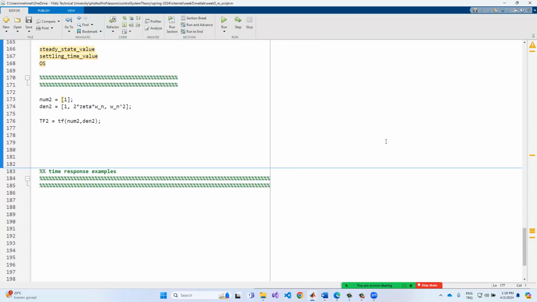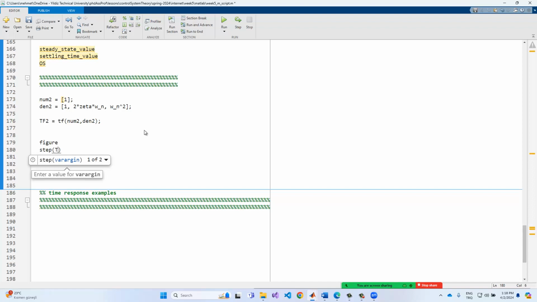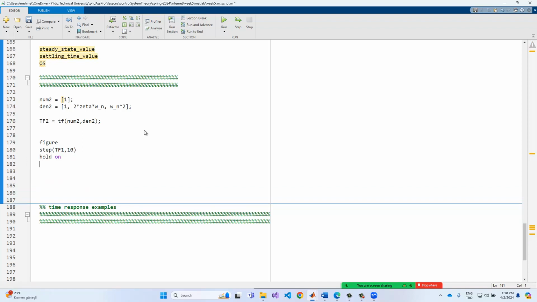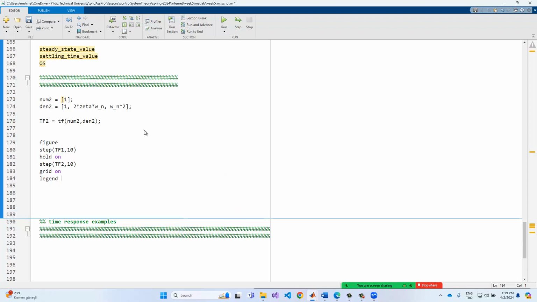And so how can we compare these two results? Figure, step tf1 10, hold on, step tf2 10, grid on, and legend show can be written here, okay?